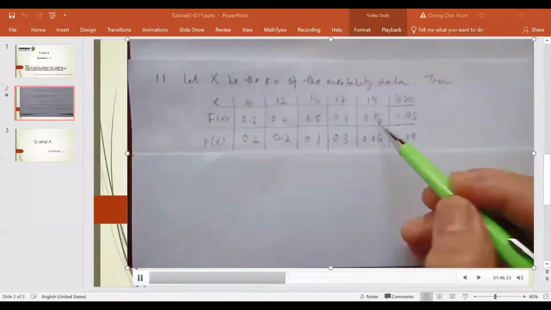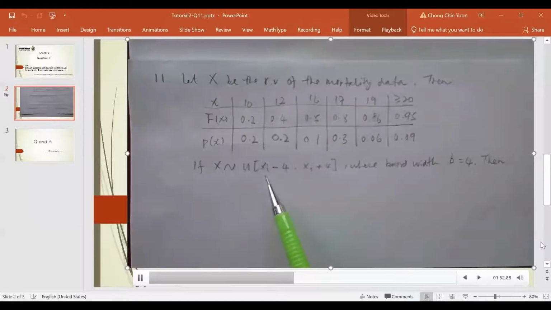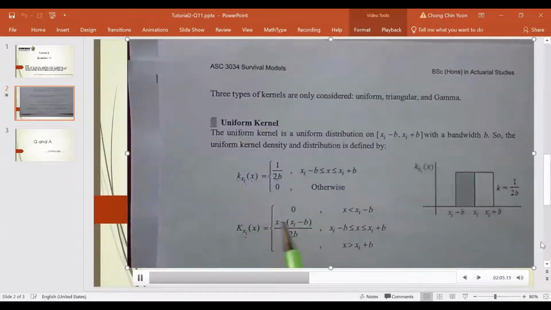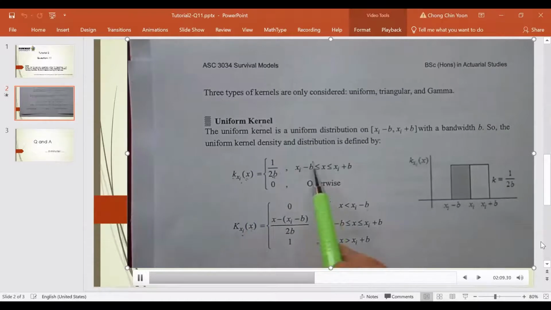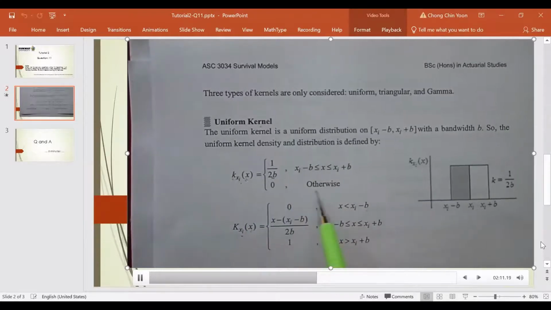Next, if x is uniformly distributed in the interval from xi minus 4 to xi plus 4, where the bandwidth is 4, then the kernel density at 15 is given by this formula. Substitute x is 15 and the bandwidth is 4, and also the interval.